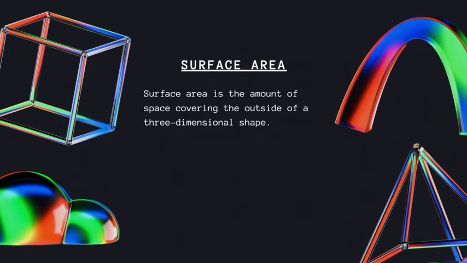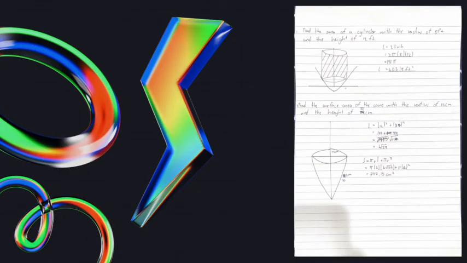Surface area. Surface area is the amount of space covering the outside of a three-dimensional shape. Find the area of a cylinder with a radius of 8 feet and a height of 12 feet.